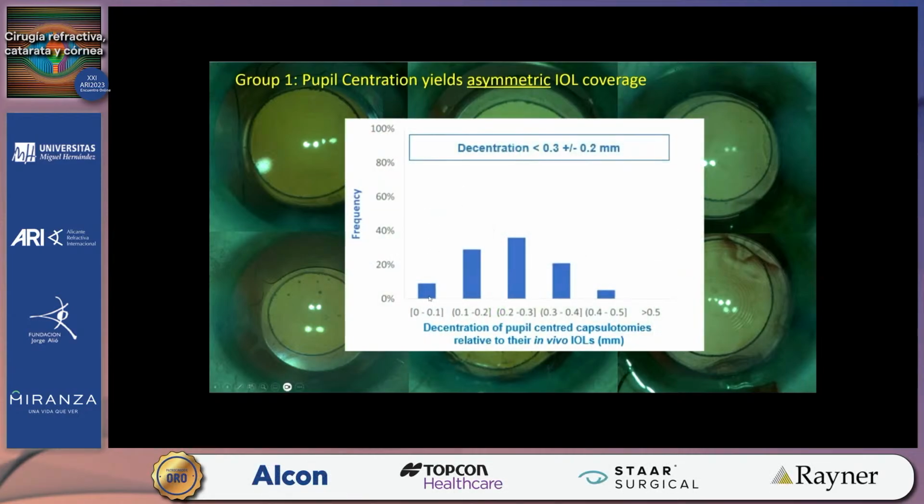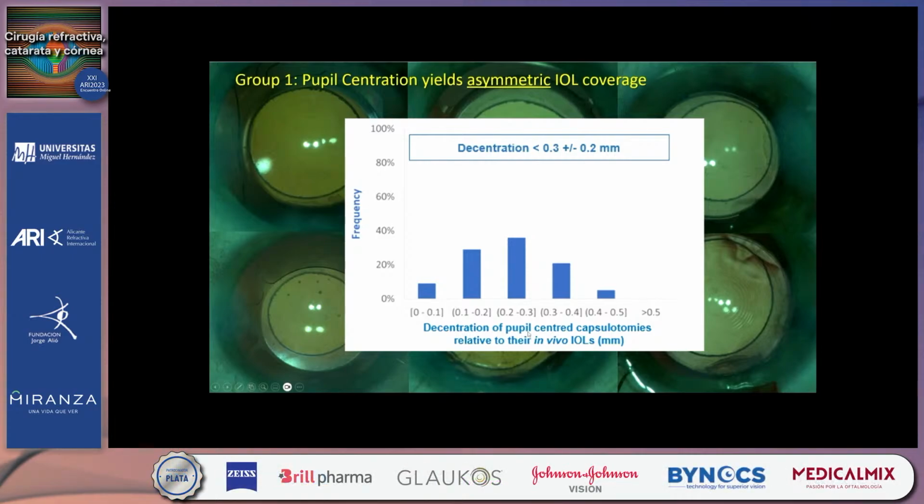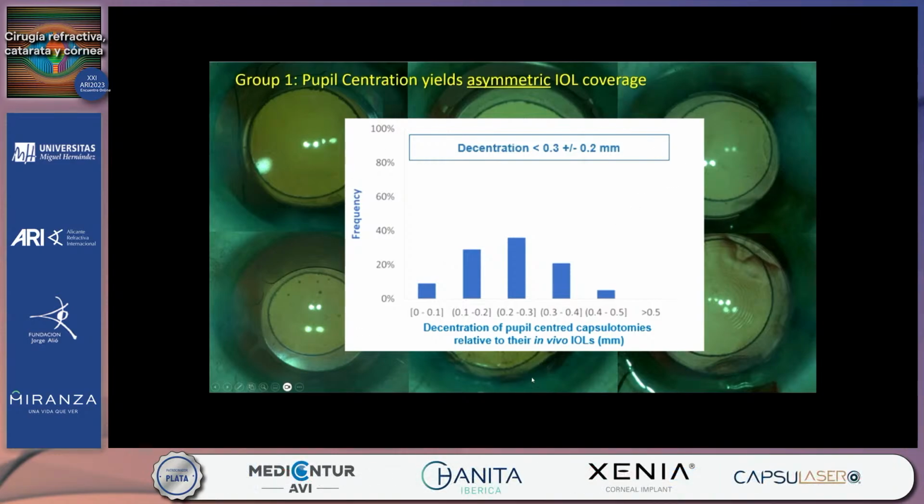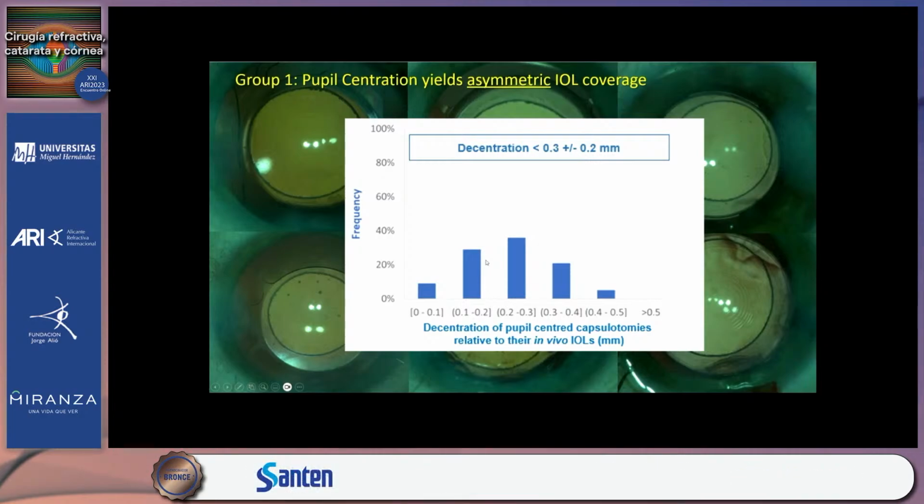As we'd expect, we can see the decentration of the pupil center relative to the IOL. In these types of capsulotomies, there is a high degree of decentration between the IOL and the capsulotomy.